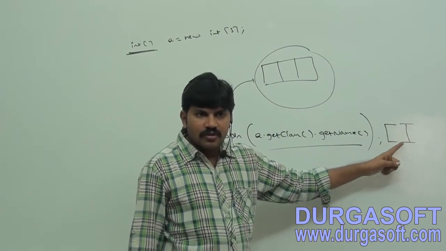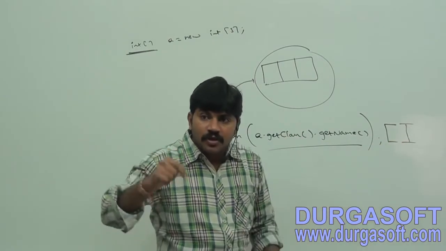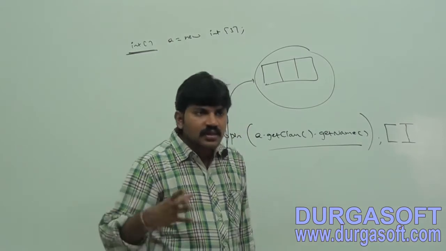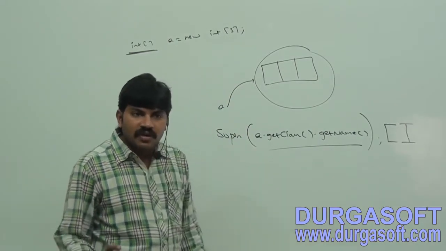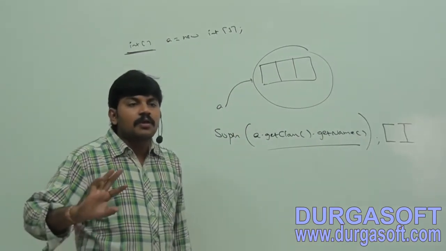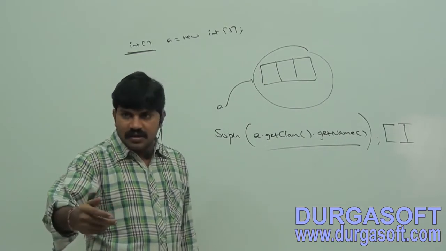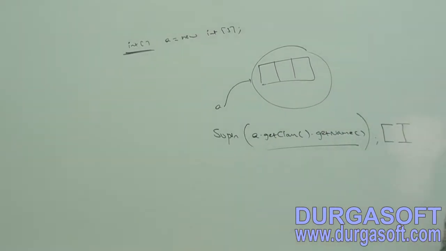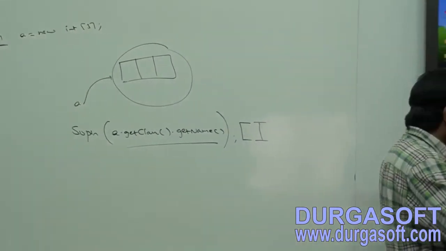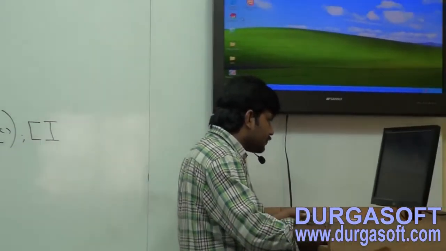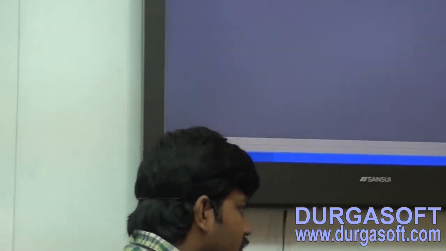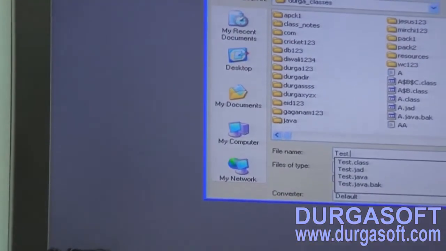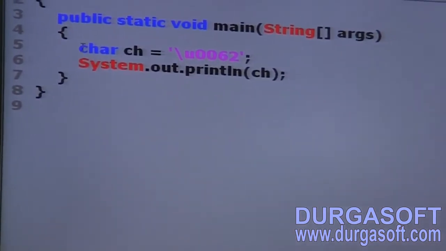So for every array type, corresponding classes are there, but these classes are part of the Java language and are not available at the programmer level. Sir, where is the proof for that? If you want, I will just execute this one. One minute, have a look. Here I am taking Test.java.